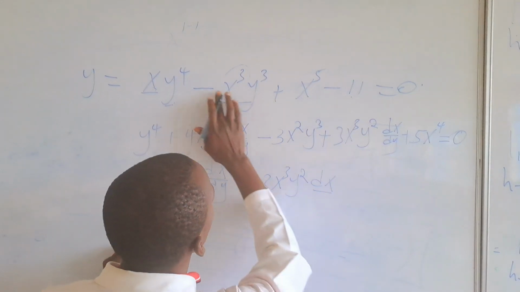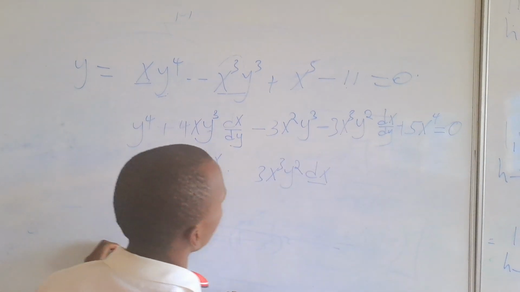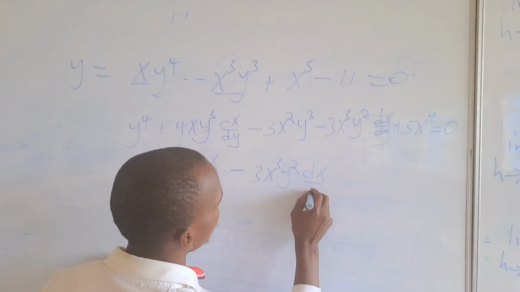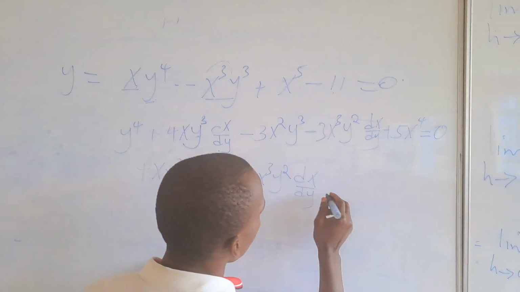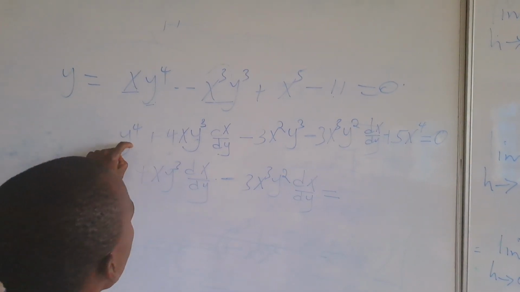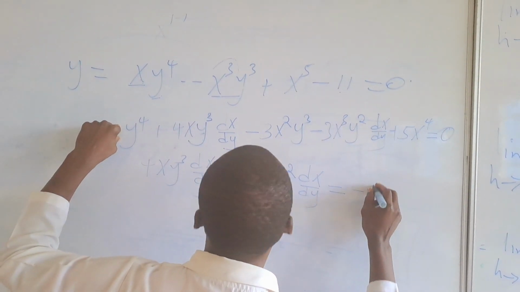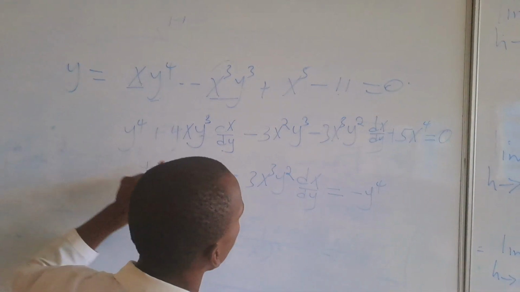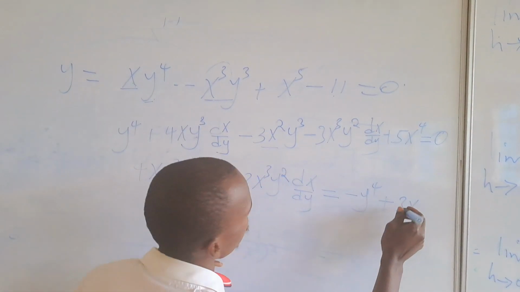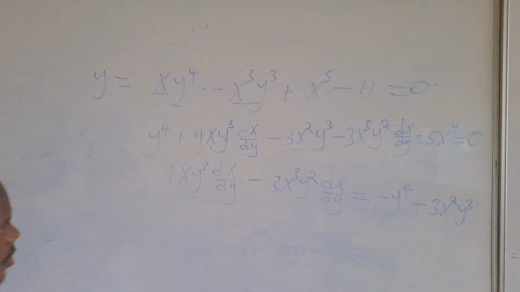Sorry, when we are opening this bracket, because of this negative which was there, this was to be negative. The other one goes to the other side. This is positive, when it goes the other side it will be negative y raised to power 4. Again, this one also goes the other side, it will be positive 3x squared y cubed. So we can now factorize.